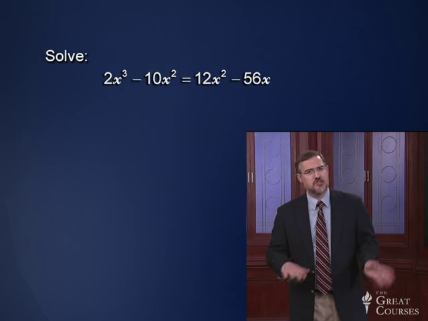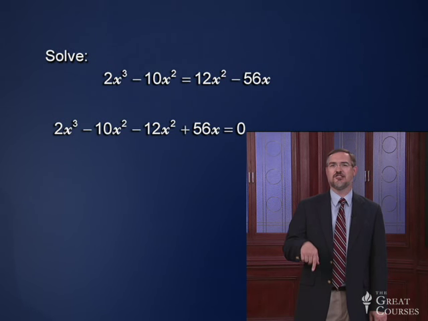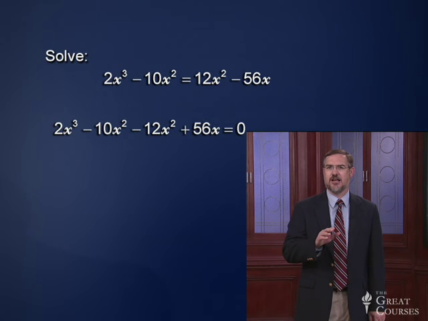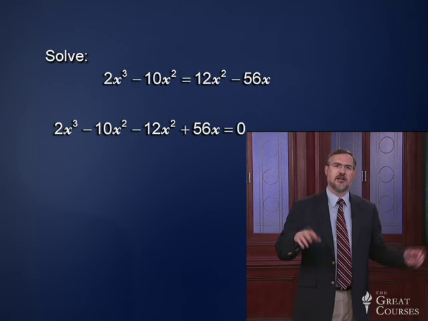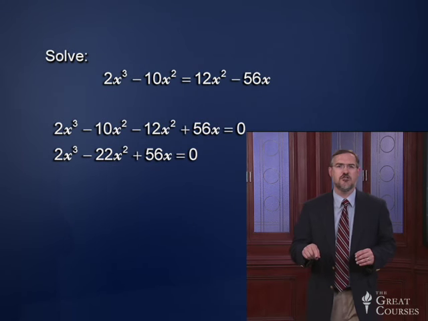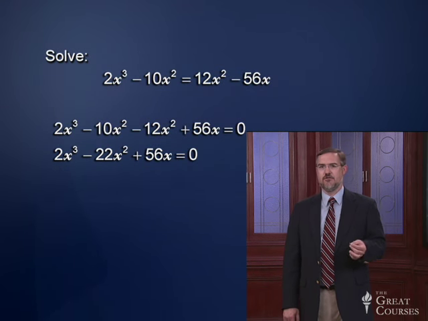And now when we do that subtraction, we're going to have 2x cubed minus 10x squared minus 12x squared plus 56x equals 0. Combining the like terms gives me 2x cubed minus 22x squared plus 56x equals 0.